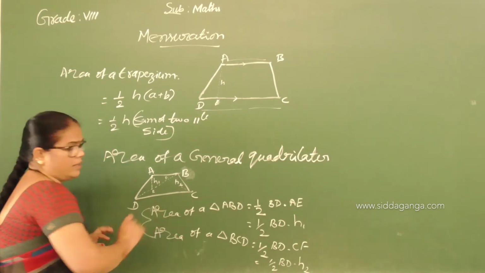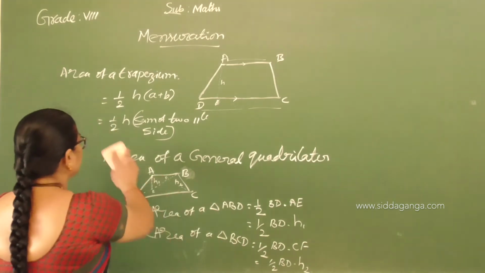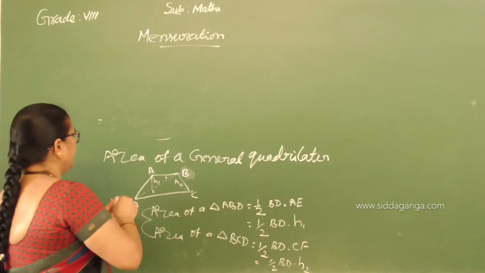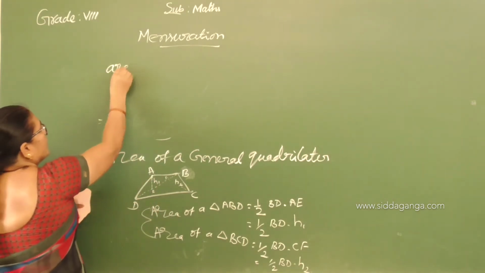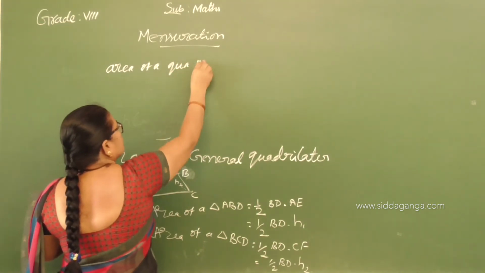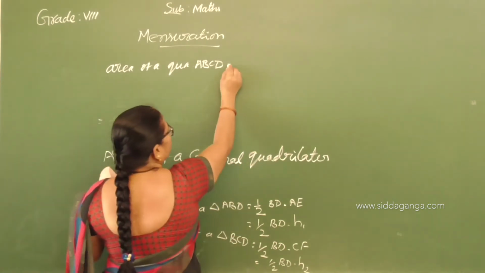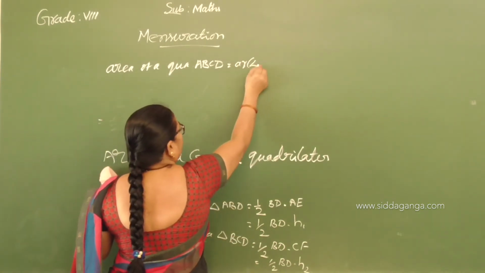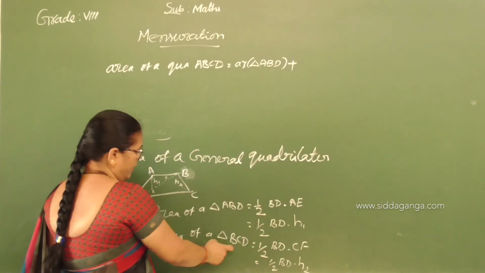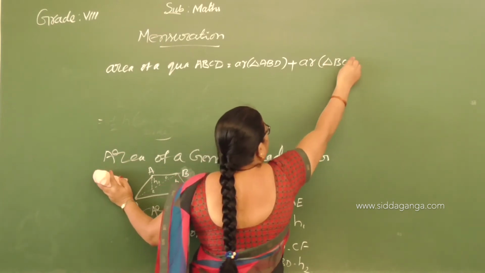Adding these two areas, we get the area of the general quadrilateral. Area of quadrilateral ABCD is equal to area of triangle ABD plus area of triangle BCD.